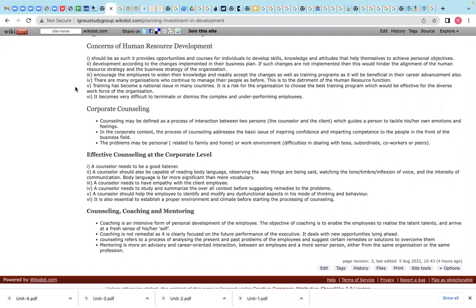And effective counselor, this is again a very generic block. An effective counselor needs to be a good listener. He should have the right body language, and he should listen to the body language of the person who is talking, not just their words. He should have empathy. He should understand that client.